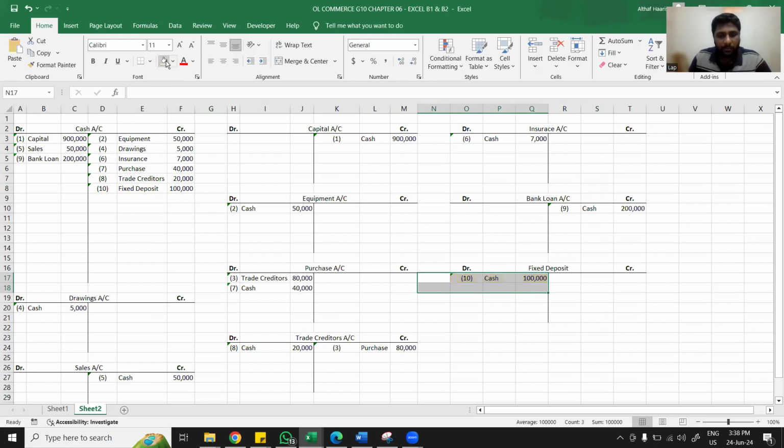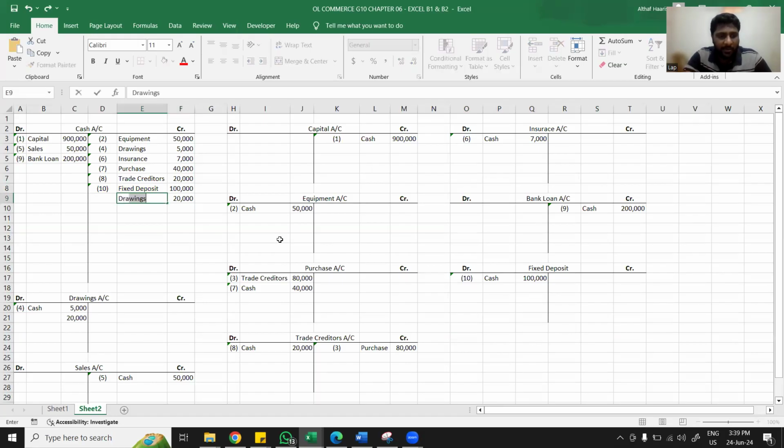Drawings debit, 20,000. You have a drawings account, already we opened one. Cash credit. Now you can switch the names here. You can write drawings, and here you can write cash. So this is transaction number 11.